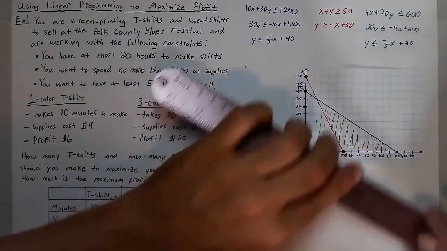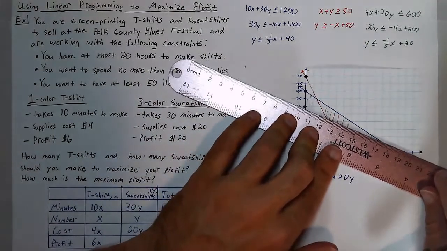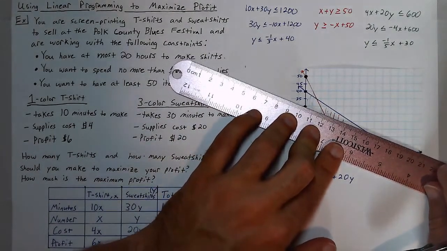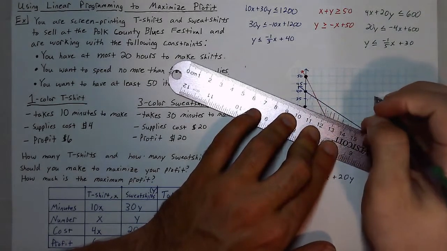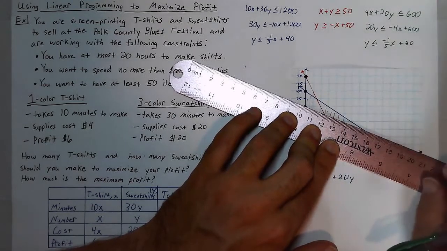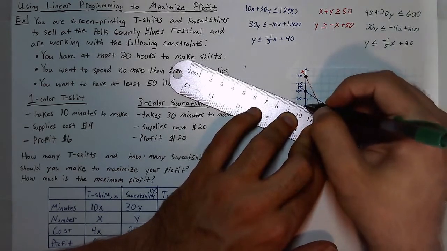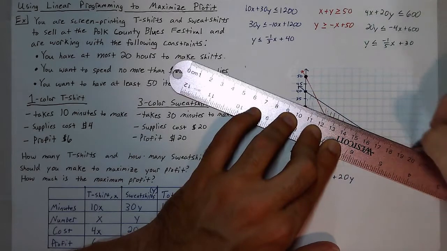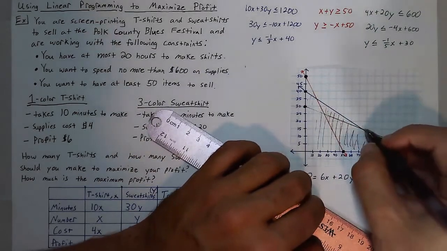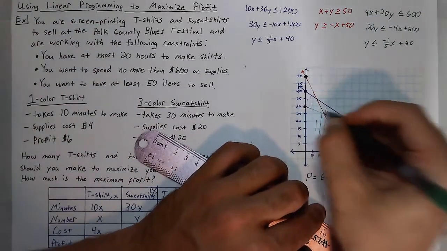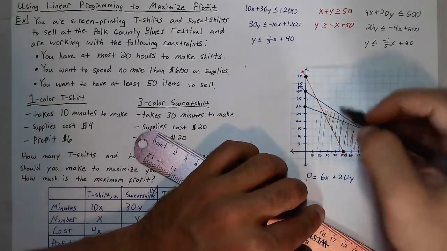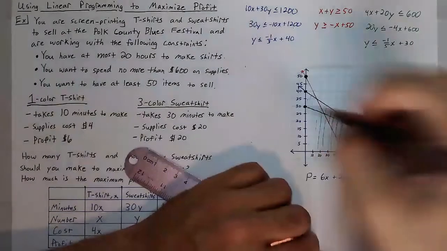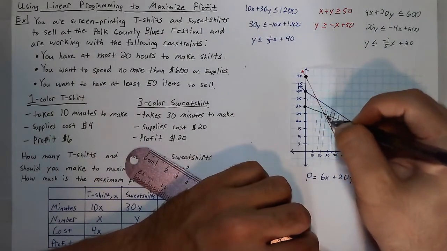So way out in that corner over there. And we're less than this line. So it'll be everything in this feasible region right here, in this shape.